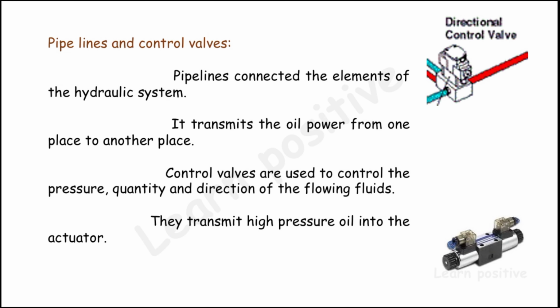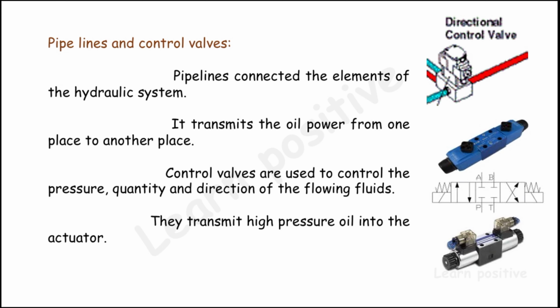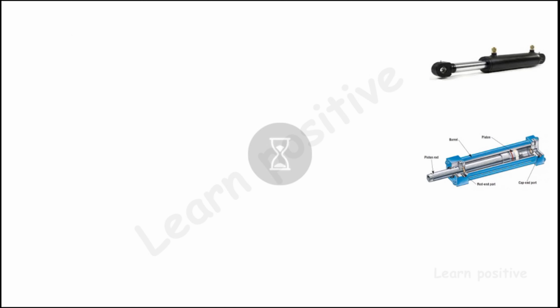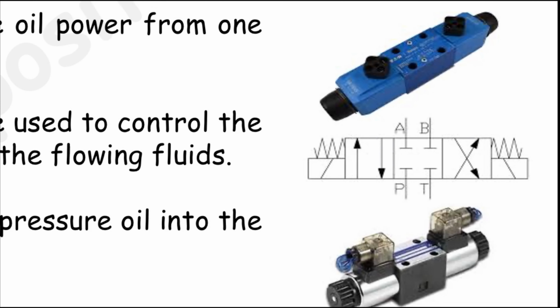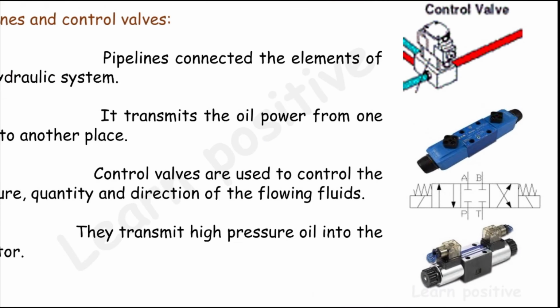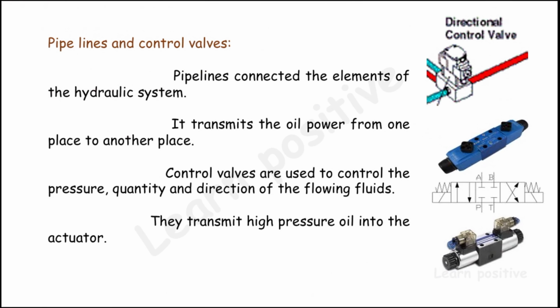It is activated by a solenoid valve, and the image given now is the diagram of how we show the DC valve in the circuit diagram. We have to draw it manually. So this is how we draw the valve in the diagram. It is a 4/2 DC valve. I will explain the types of valves later in the next videos.